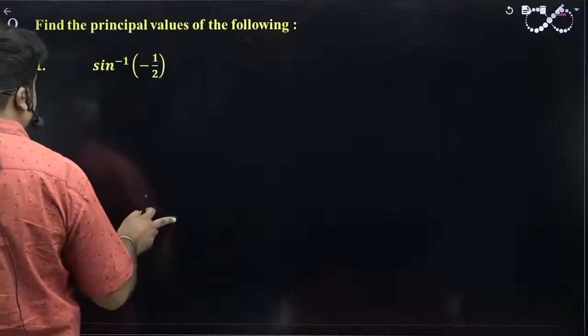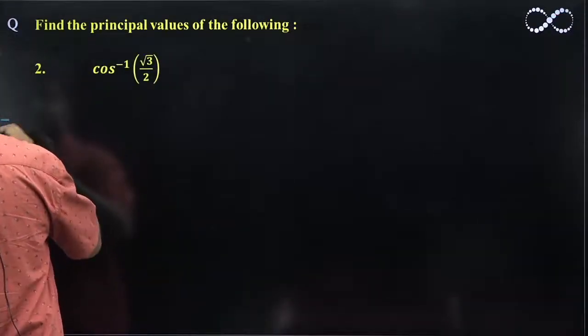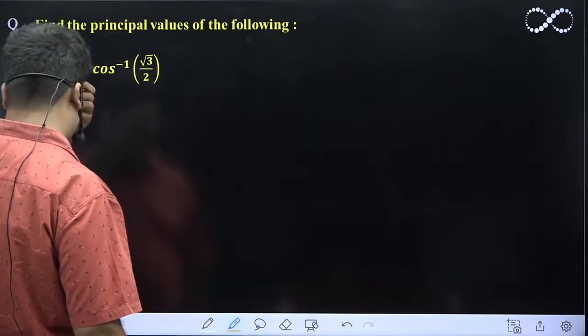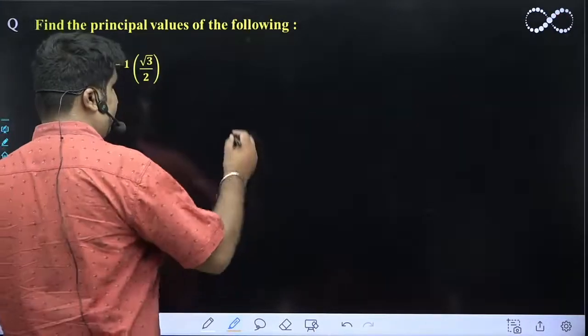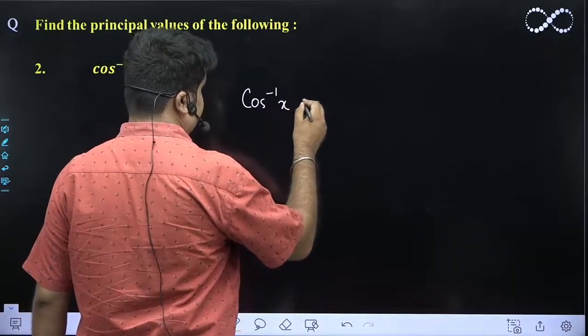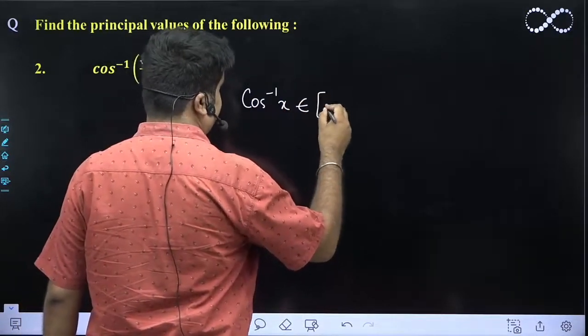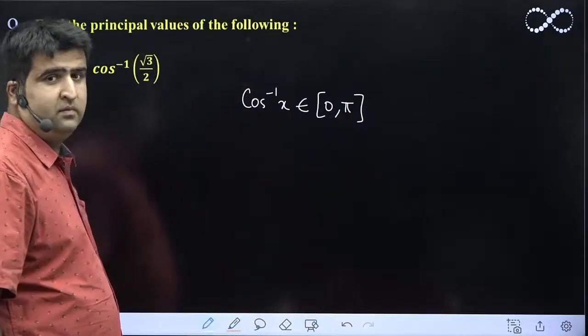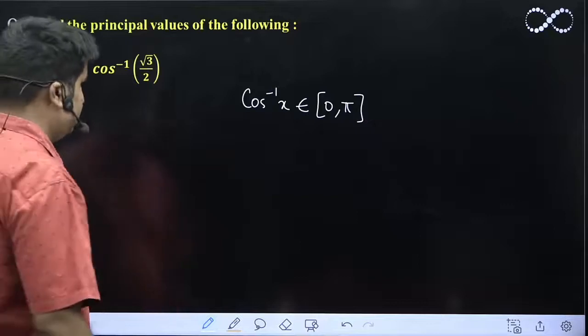So moving on to the next problem, it is find the principal values of cos inverse root 3 by 2. So first of all, cos inverse x lies between 0 to pi. Okay, first this thing should be clear.